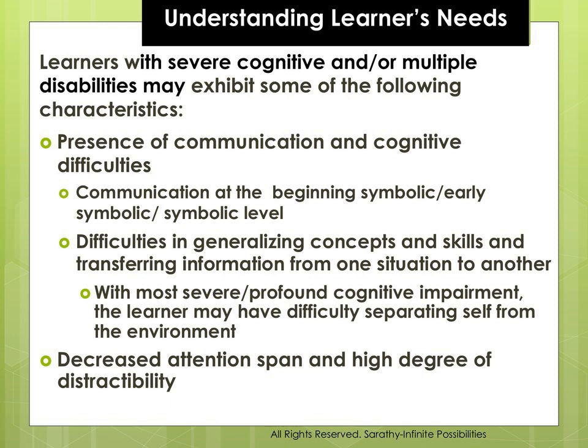Or the student may be at the early symbolic level, which means they may be using both pictures and objects in combination. They may have some limited vocabulary, limited spoken words, and how do we take advantage of that?